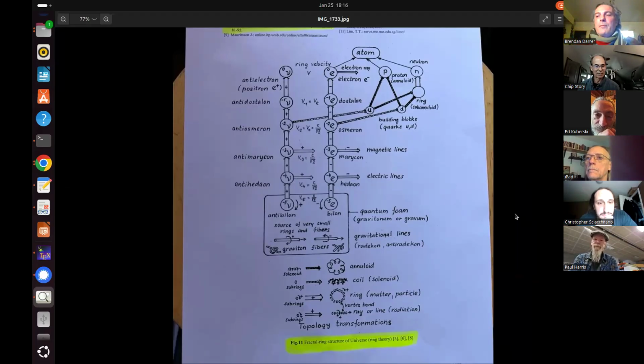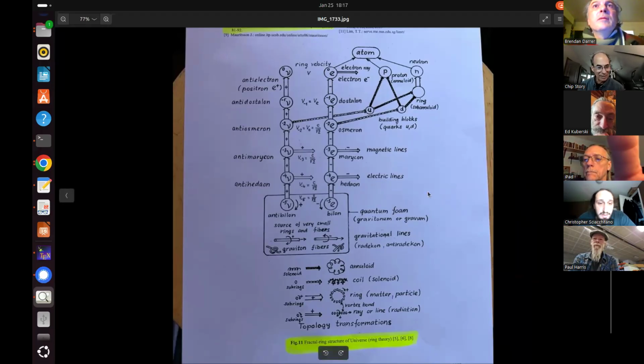The osmeron is there, the oscillon, the meryon, and the headion. There's the quantum foam. There's a lot going on here. Graviton fibers, source of very small rings and fibers.